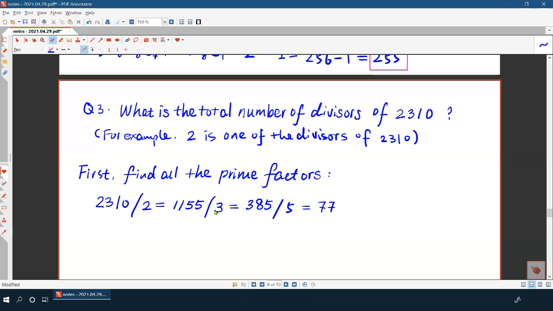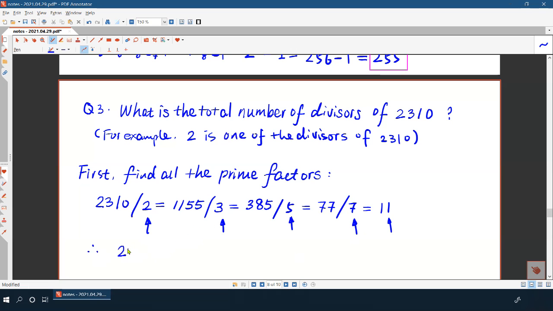And 77 cannot be divisible by 2, 3, or 5, but can be divisible by 7, which gives us 11, right? And now we can see that 2, 3, 5, 7, and 11 are all divisors of 2310. And also they are all prime numbers, right?